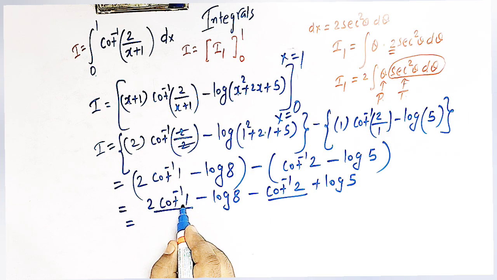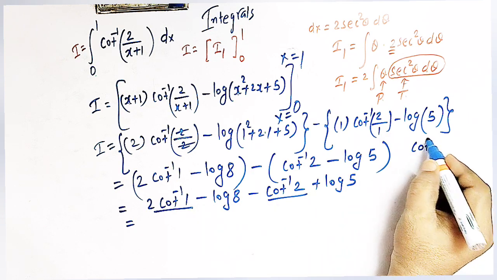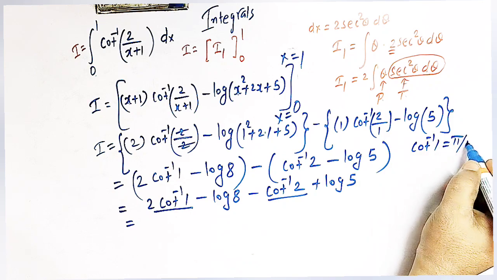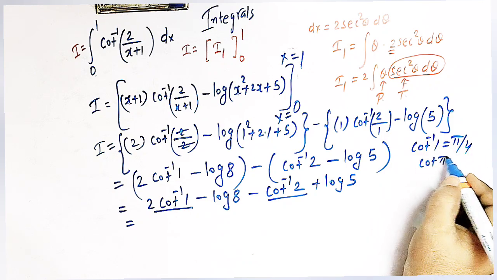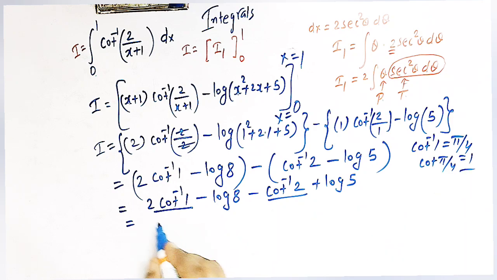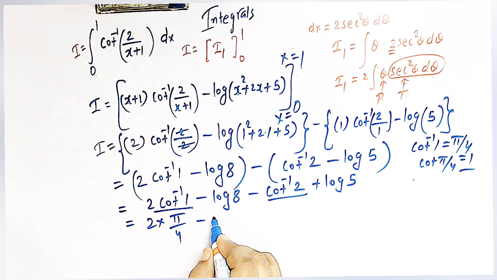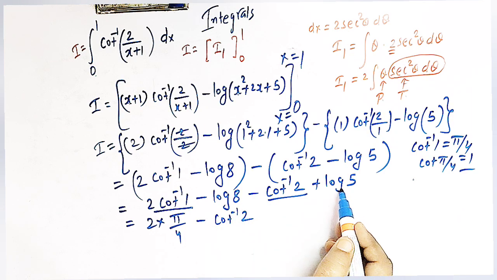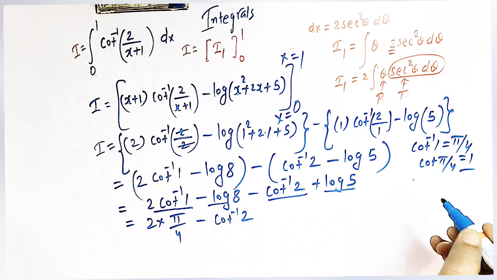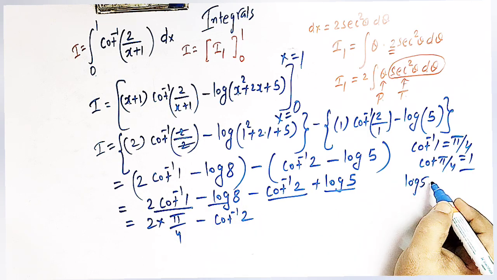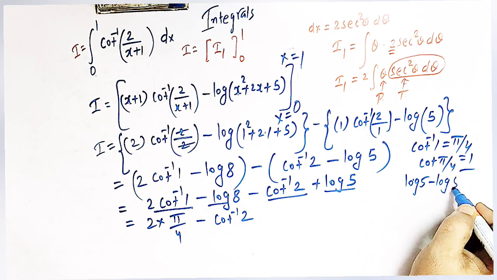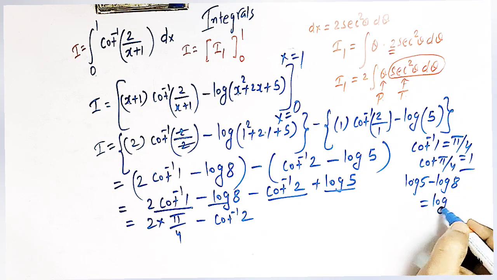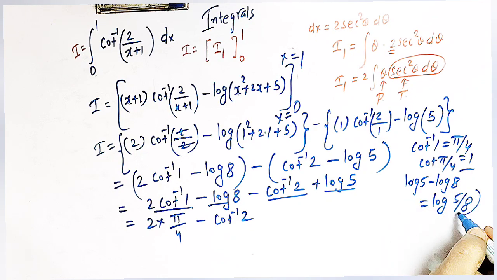So 2 cot inverse 1 minus cot inverse 2. Cot inverse 1 is pi by 4. So cot inverse 1 can be written as pi by 4 because cot pi by 4 is equal to 1. So here we have 2 times pi by 4, and then we have minus cot inverse 2, and we can combine these two terms, that is the log 5 minus log of 8, which can be written as log of 5 over 8.